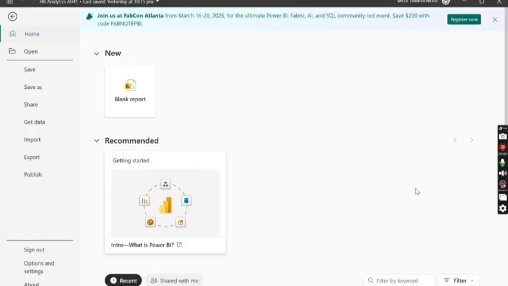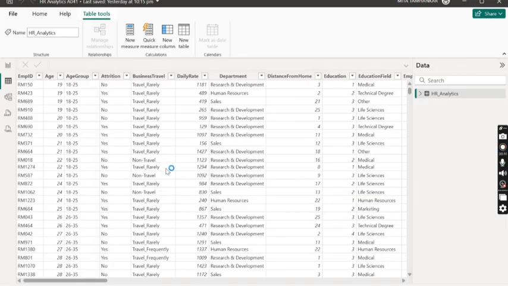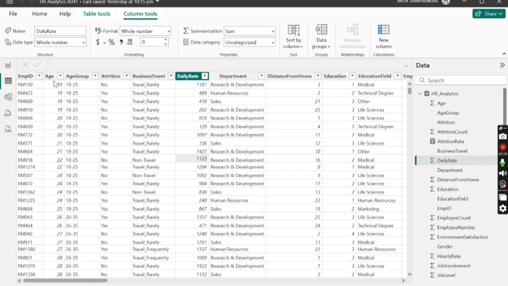Now let's see our HR Analytics data, how the data has been collected and cleaned in the Power Query editor. Here it is: employee ID, age group, attrition, business travel, daily rate, department.